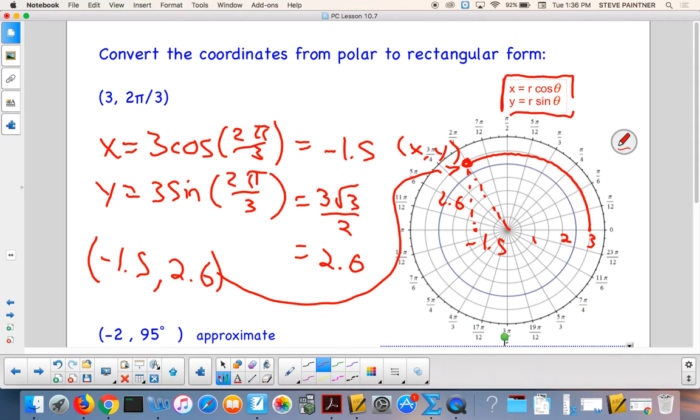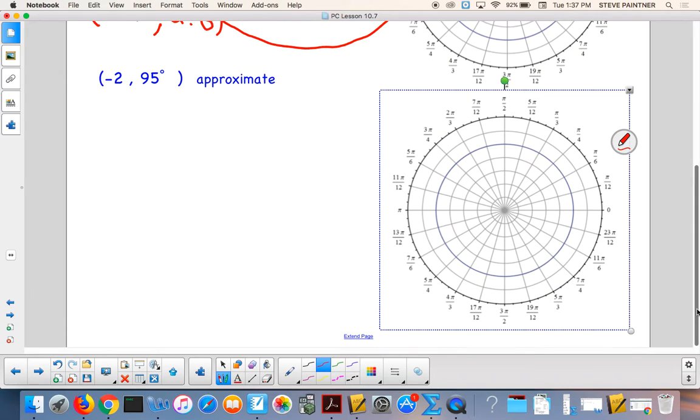Do that next one. It's -2 and 95 degrees. It's in polar coordinates. You need to figure out the rectangular coordinates.